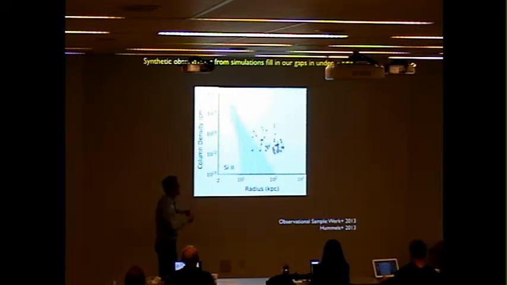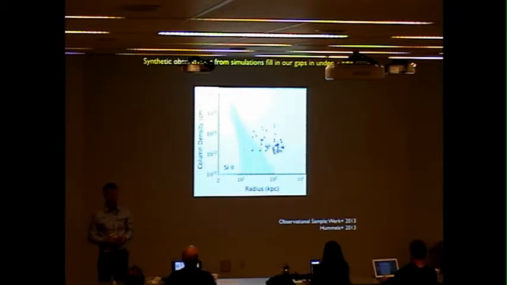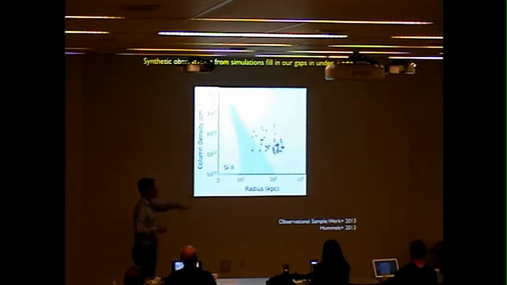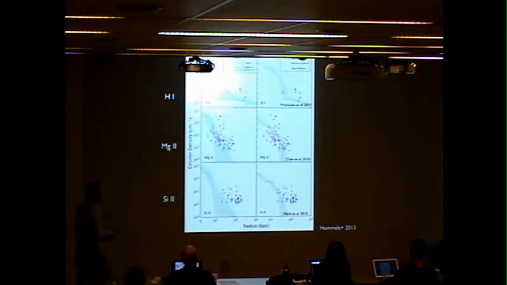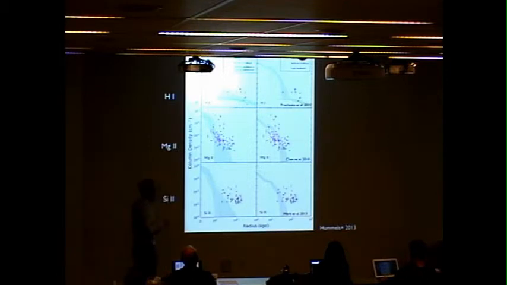Each of these three lines represents a different feedback model used for the exact same initial conditions in a simulation. I don't really want to get into the details of this. I've presented it before, in a paper that I published last year. Some of the lines do a better job of matching the observational data, and some do a poorer job.